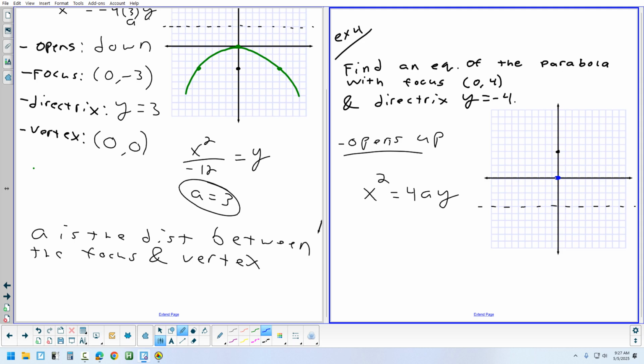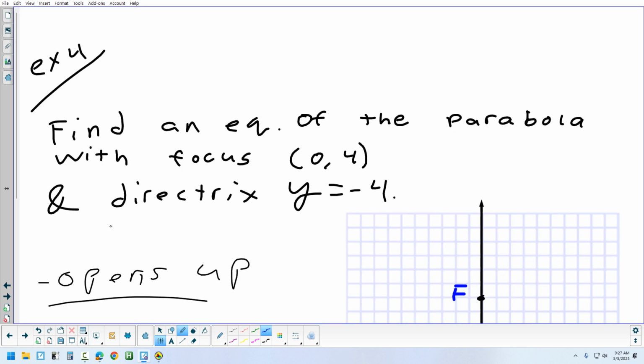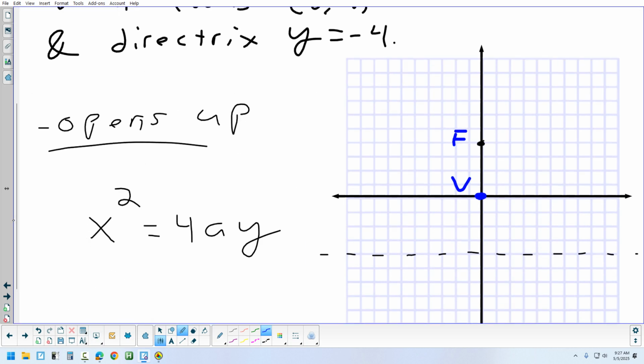Now, A is the distance between the focus and the vertex. Here's your focus. Here's your vertex. What's the distance between those 2 points? Yeah, 4.